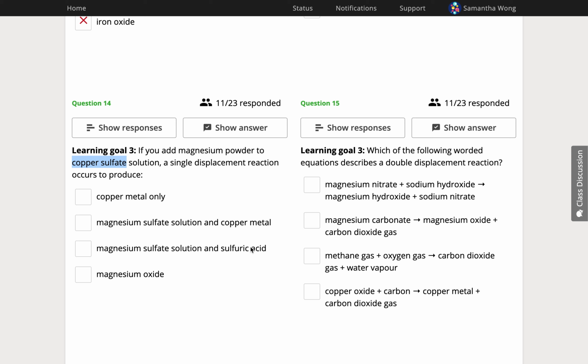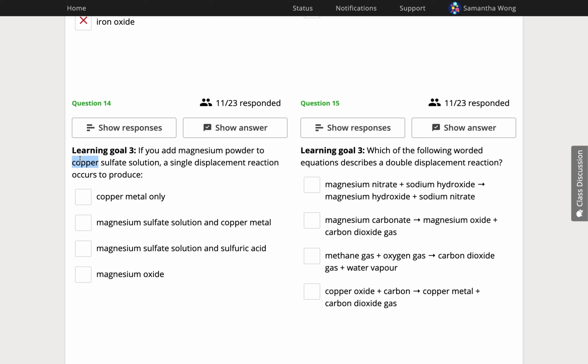Now, as a single displacement reaction, what's going to happen is your sulfate stays the same. Remember, your sulfate is a spectator ion. And as a single displacement reaction, your magnesium is going to displace the copper. So they're just going to do a bit of a swap.